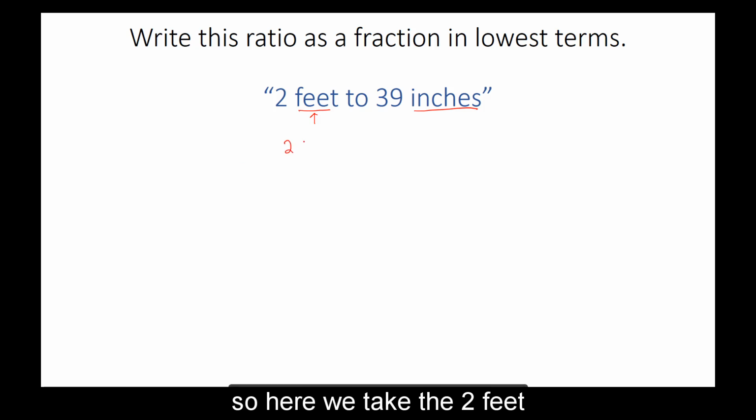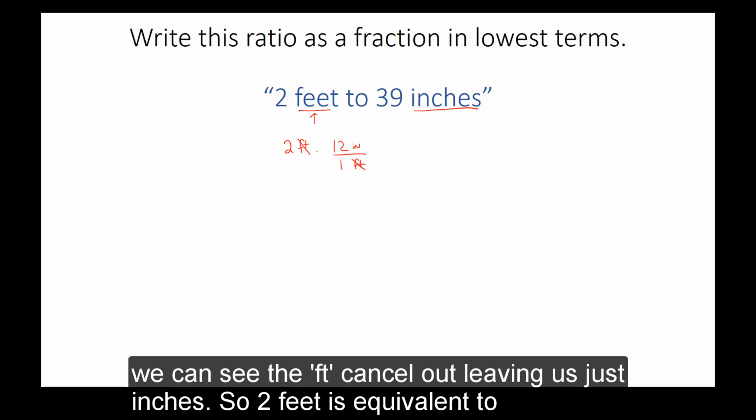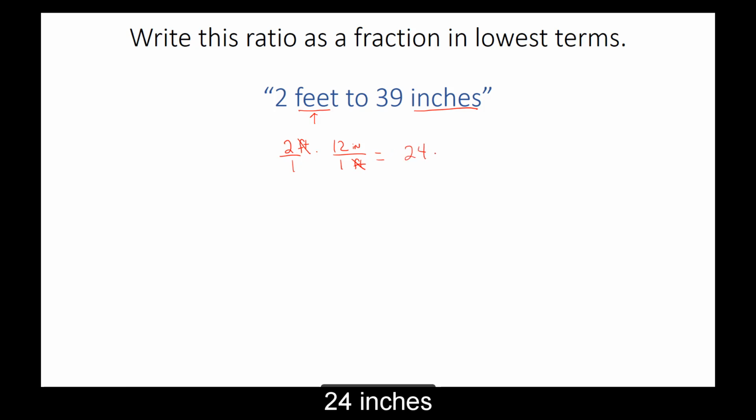So here, we take the 2 feet and we multiply it by 12 inches in 1 foot. We can see the feet do cancel out, leaving us just inches. I'll put this over 1. And so 2 feet is actually equivalent to 24 inches.